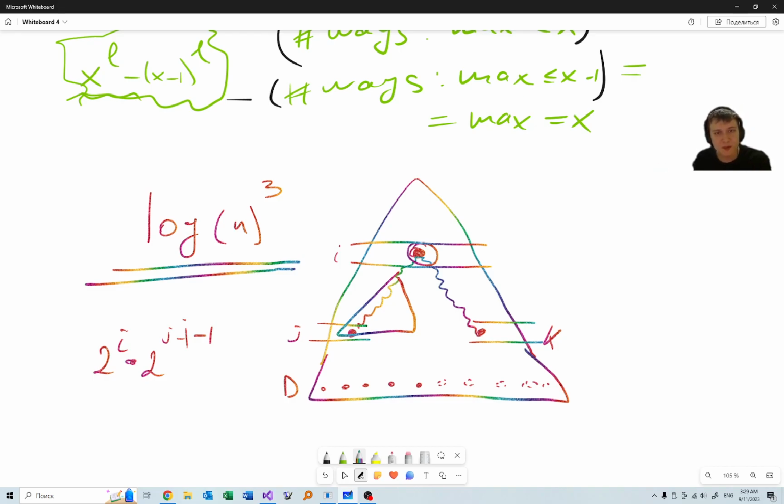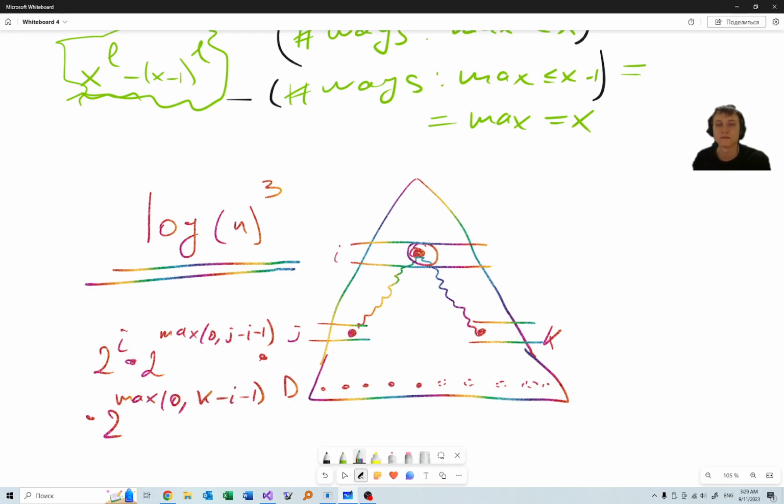But maybe sometimes plus 1 if j equals i. So you need here to actually write 2 to the maximum of 0 and j minus i minus 1. And the same goes for 2 to the maximum of 0 and k minus i minus 1. So if all three numbers are less than D, then this is easy.